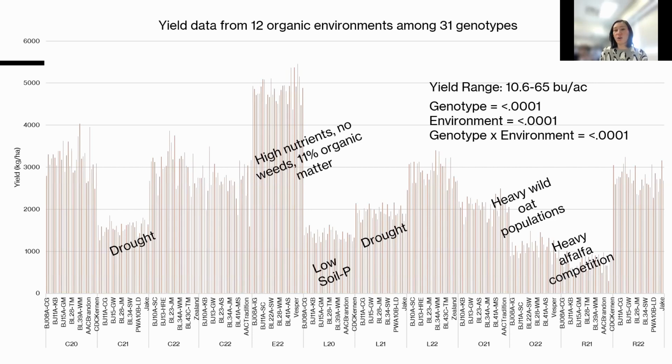I think what we saw across these different environments is really indicative of what a lot of organic farmers see. And I'm sure a lot of you can identify with some of the conditions that I experienced in my experiments on your own farm. So we had a really good spread of environmental conditions to test these genotypes under.